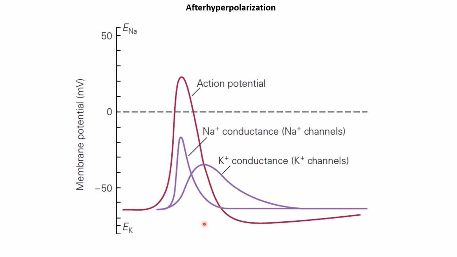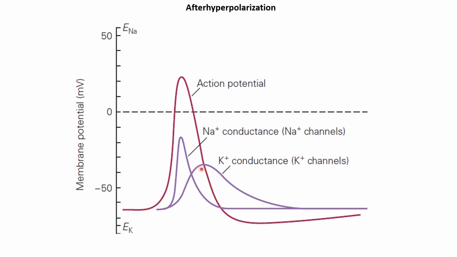If we recall, the membrane potential is basically determined by the balance between different ions. The sodium ions try to take the membrane potential towards their equilibrium potential, and potassium ions try to take the membrane potential towards theirs. And the resting membrane potential is dependent on how much sodium conductance and potassium conductance there is in the neuron. During an action potential, the sodium conductance increased, but then it also inactivated. The potassium conductance increased a little bit later, but then it did not inactivate.